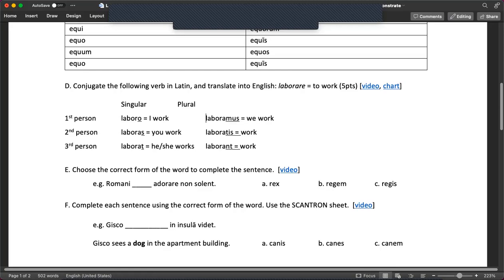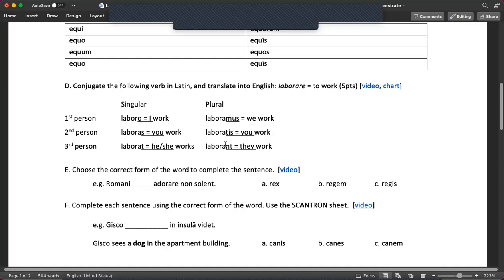Okay, in the plurals, we have laboramus, we work. Laboratis, you work. And laborant, they work. Notice that the ending of the verb corresponds to the subject of the English word. So laboro, I work. Okay. Laboras, you work. Laborat, he or she works.